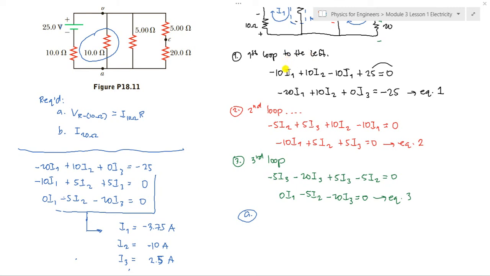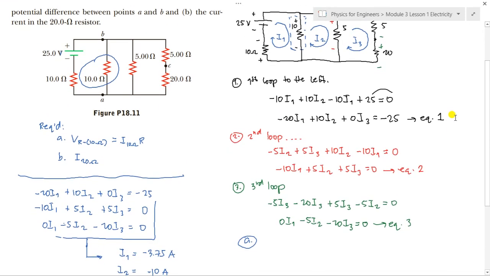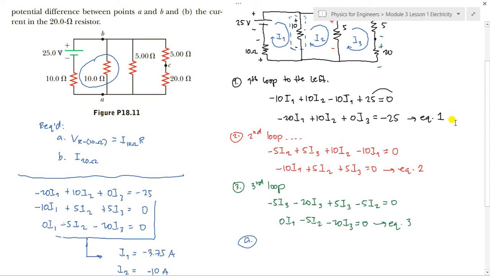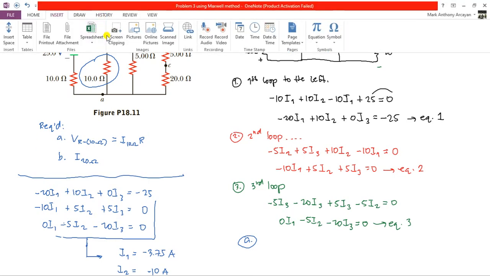Okay class, let's resume. I found out that the voltage was larger because in the second loop, something was missing, sorry.